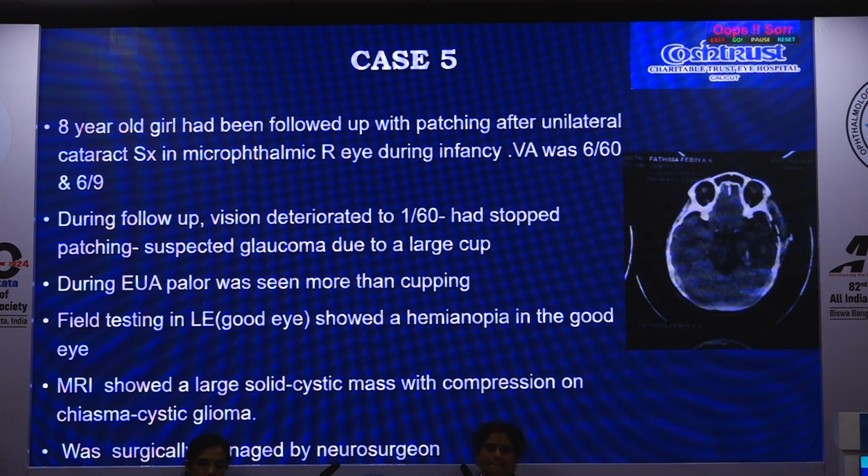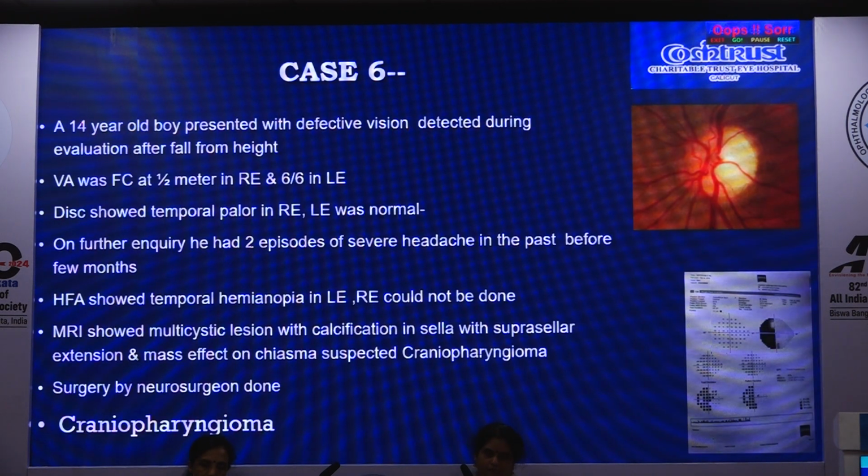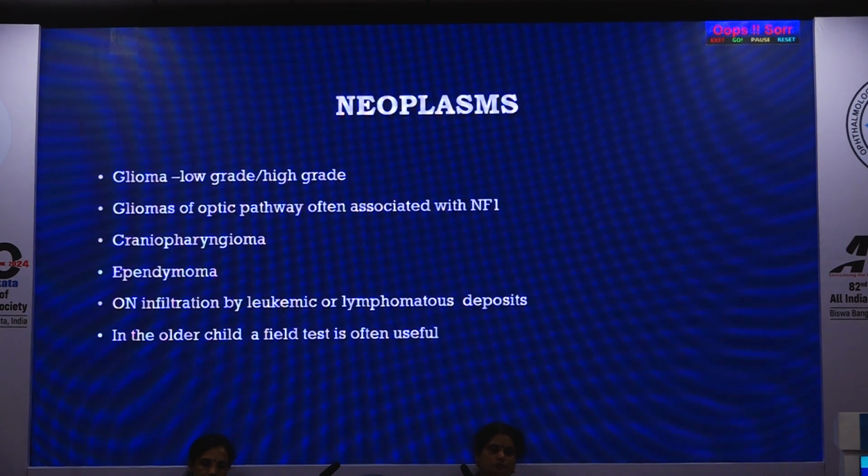So these are some of the cases which you might miss, especially in a phakic eye, where looking at the disc may not be very convincing that it is pale. And this child, 14 years old, had an investigation of vision after a fall, and vision was half a meter, the disc showed a temporal pallor, but the other eye showed hemianopia, and MRI showed a multicystic lesion with calcification pointing to a craniopharyngioma.